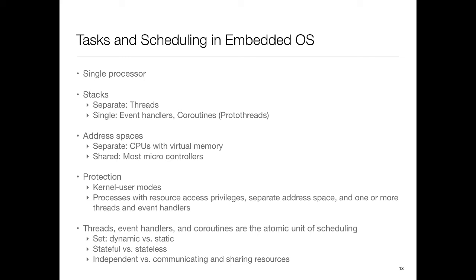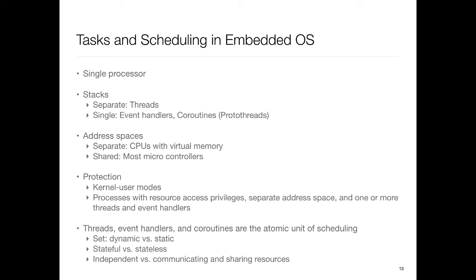Multiple processors is far more complicated for a variety of reasons. Just to give you an example, certain questions which are easy to answer with a single processor become intractable with multiprocessors.